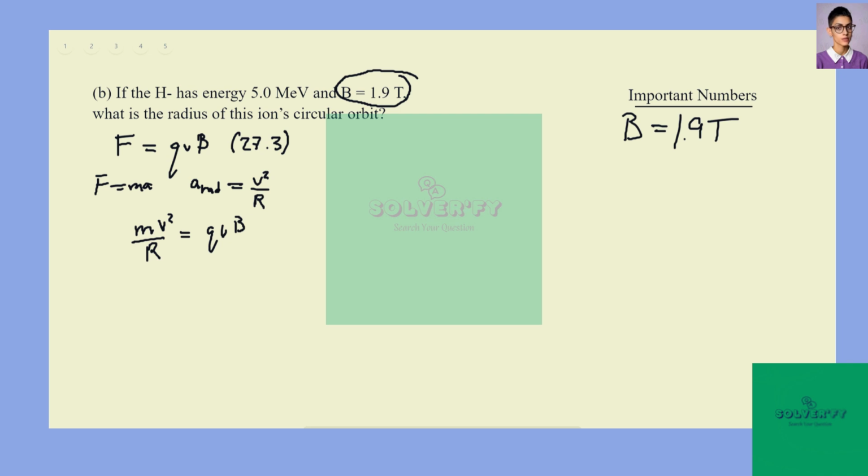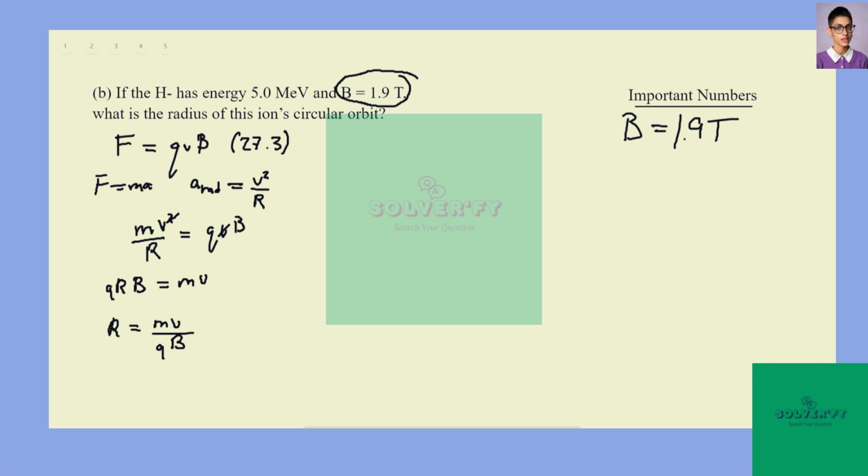So let's cancel out one of the velocities. Cross multiply. So that's going to bring our r up. So we have r, q, and B on one side is equal to mv. And now we're going to divide out and get that r is equal to mv divided by qB.